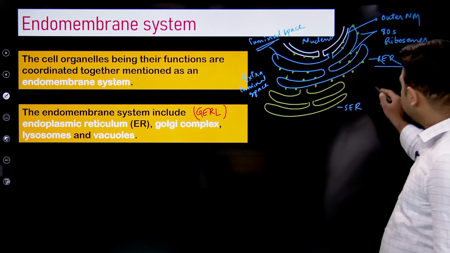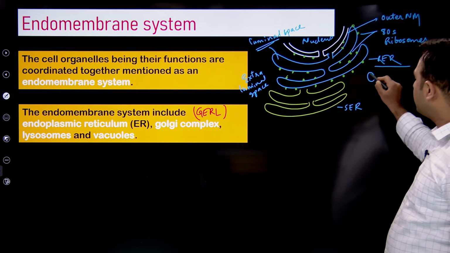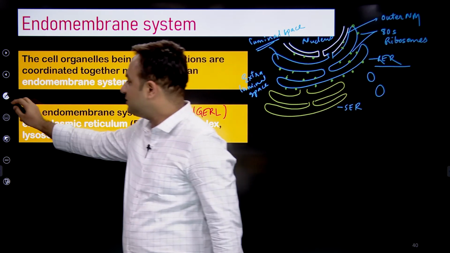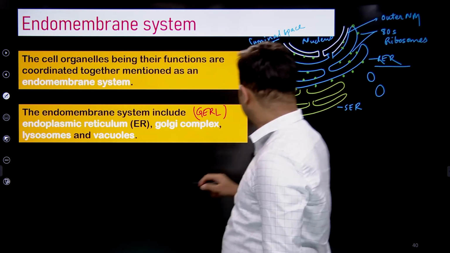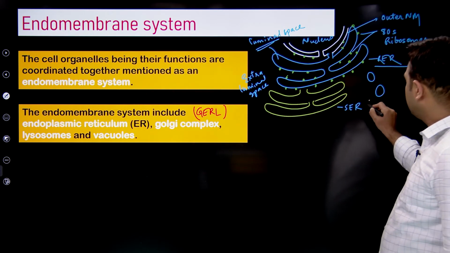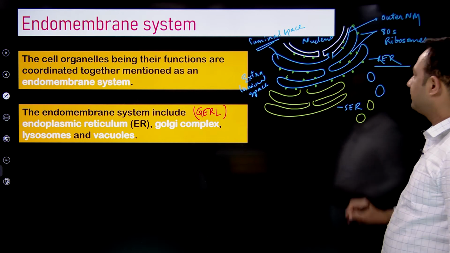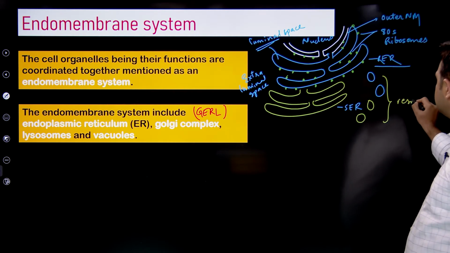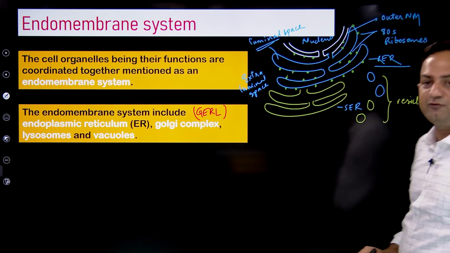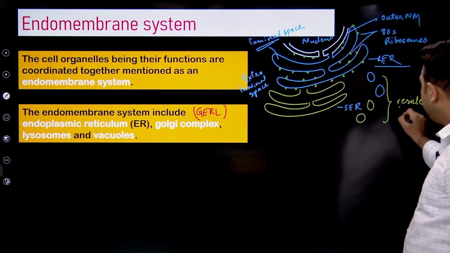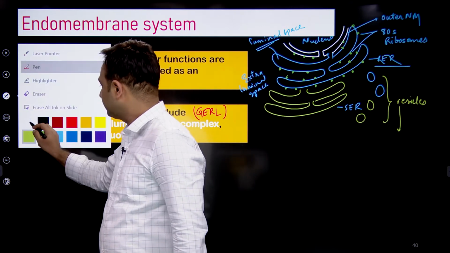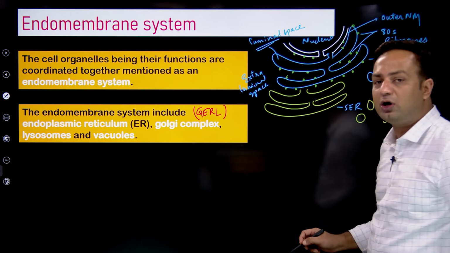Secondly, there are certain vesicles which are coming out from the ER. Okay, and these vesicles are getting fused at a place. These are vesicles, and they are getting fused to form the next structure that is called Golgi apparatus.